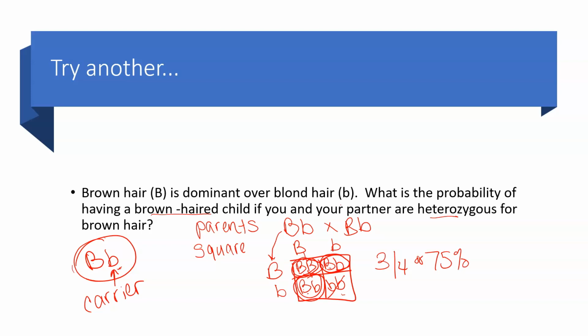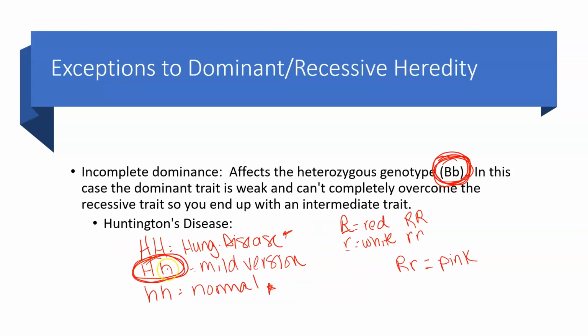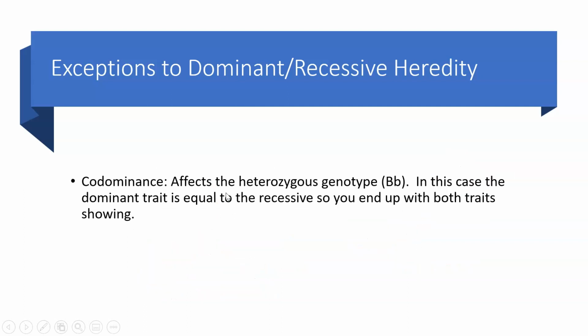Hopefully that makes sense. So here, even though it's an exception to the dominant recessive rule, they would also be considered a carrier because they have that gene, even though they're going to have a much milder version because there's this intermediate here.